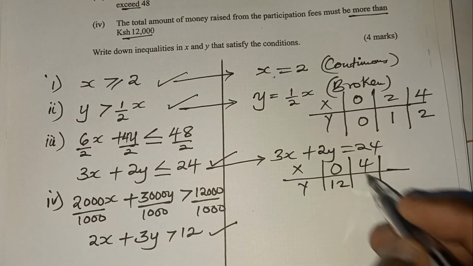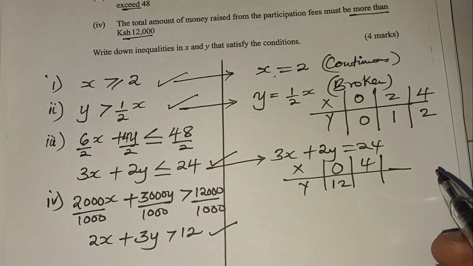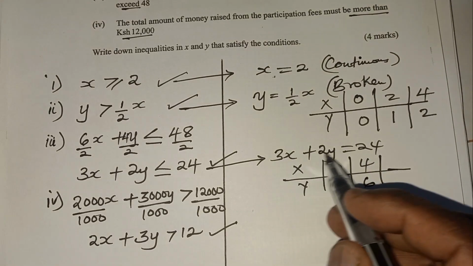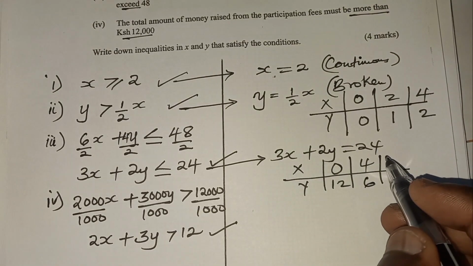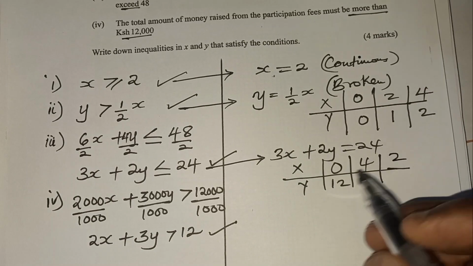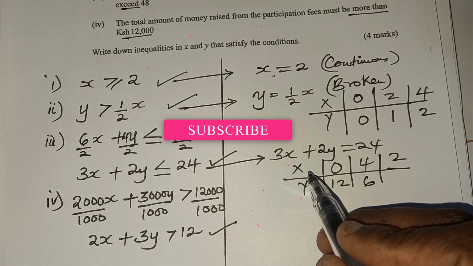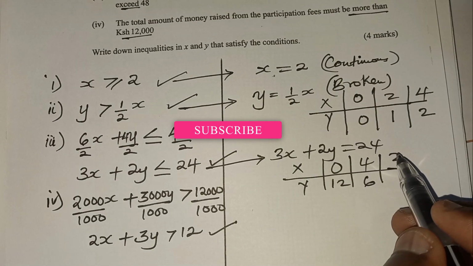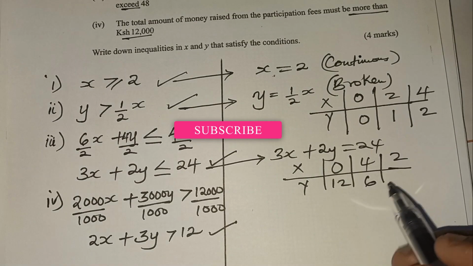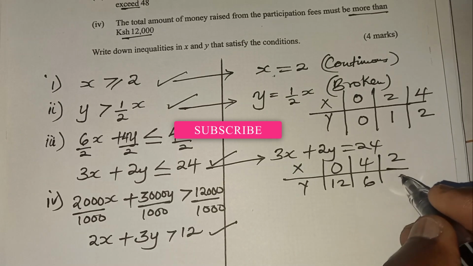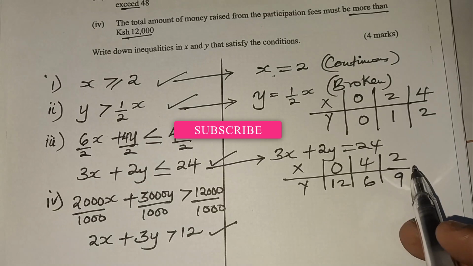When x is 4, y will be 6. We're using this equation to fill. Then lastly, when x is 2, this will be 18, 6. So this will be 6, 18, this will be 9. So we're going to use these points.